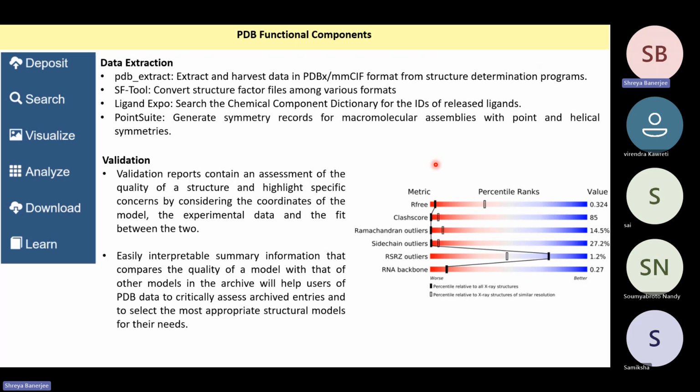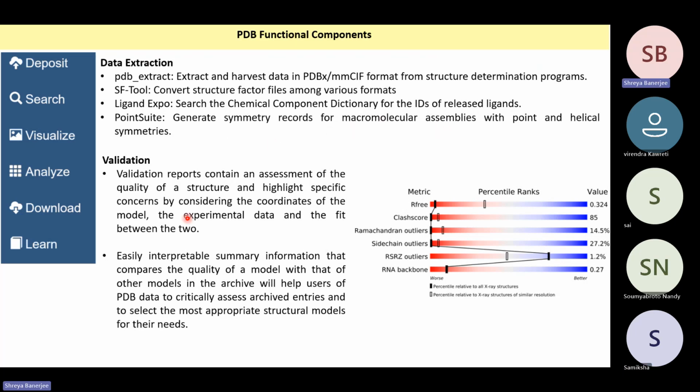Suppose a PDB file has a protein interacting with another protein, which is called a macromolecular assembly. This command will give you the different symmetry operators that are valid on that assembly.